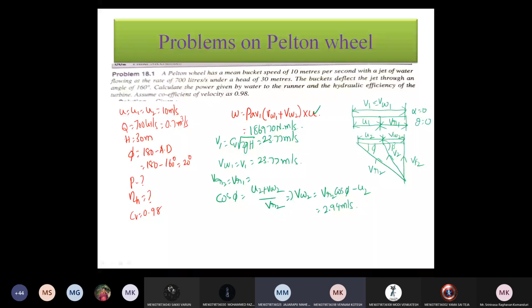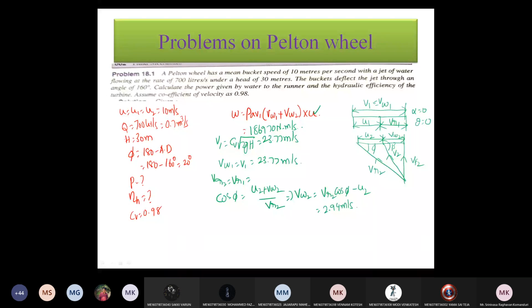So W value is 7743, sir. This one is correct. 186970 Newton meter per second is correct.